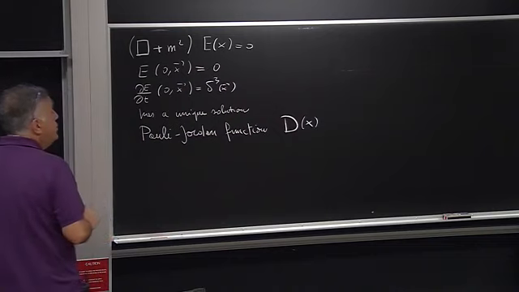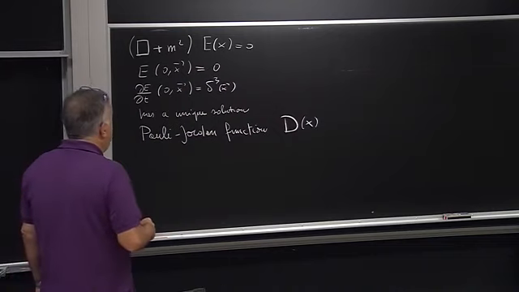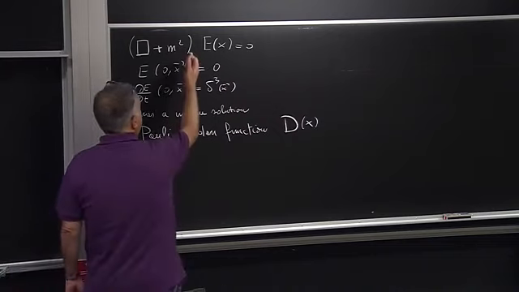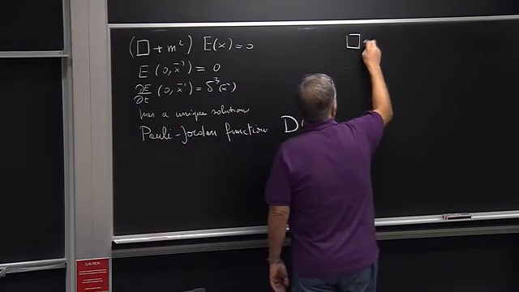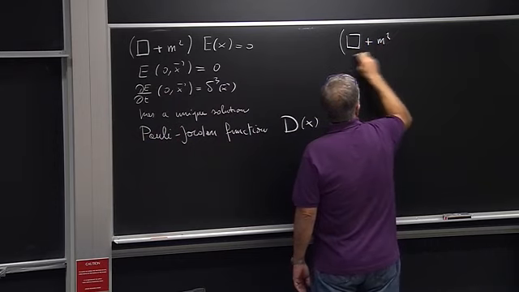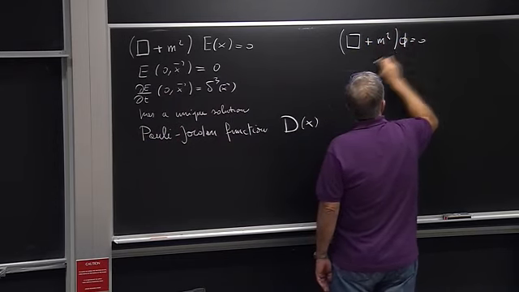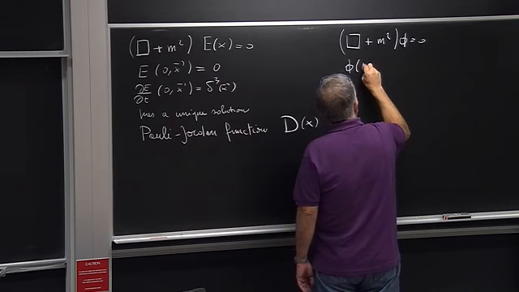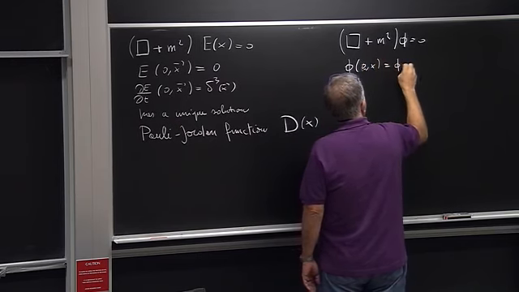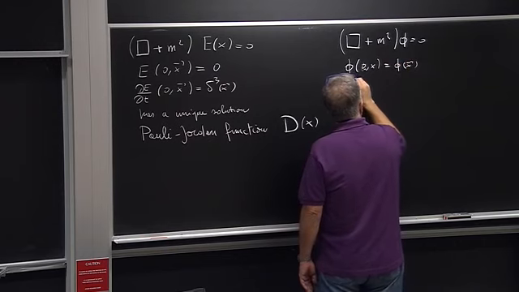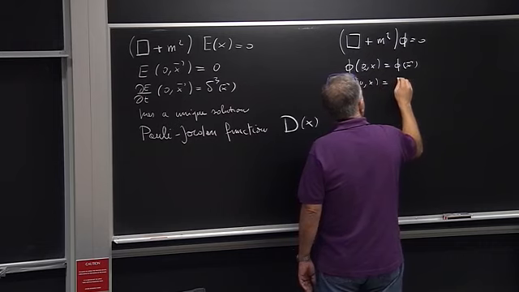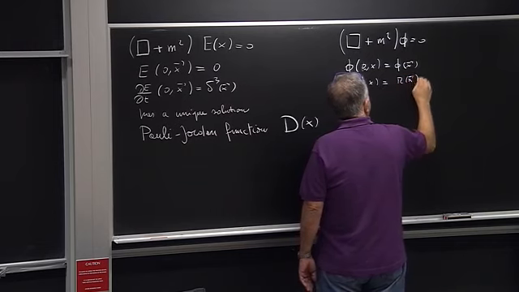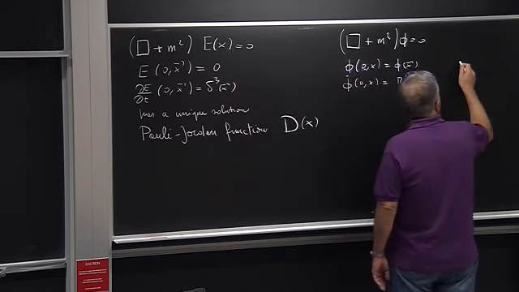You can use the Pauli-Jordan function to solve a generic Cauchy problem like this with initial data, let's say, which have compact support in R3.